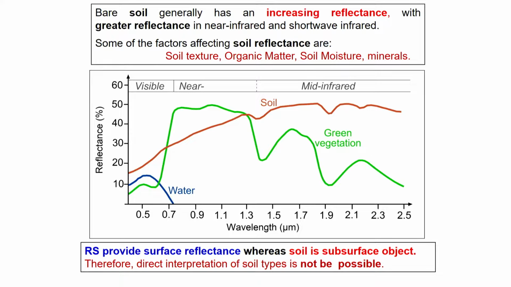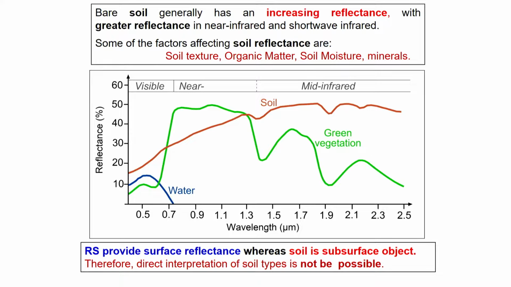And from the remote sensing data, you are getting the surface reflectance, but we are also interested to know about the subsurface soil, because subsurface soils govern the properties of the surface soil. Therefore, interpretation of subsurface soils with remote sensing data is not possible, or you cannot interpret the subsoils directly.